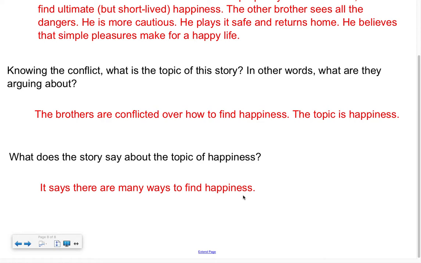Or you can live a quiet life, enjoy the little things, and you might not have the great memories because the happiness wasn't ultimate, but because you didn't take the risks, because you were cautious, you focused on the simple pleasures in life. So as a reader, I'm now asking myself, which one do I agree with? Seeking ultimate happiness, or just enjoying the simple pleasures along the way? This ends the reading.